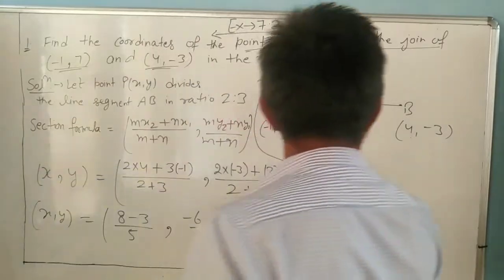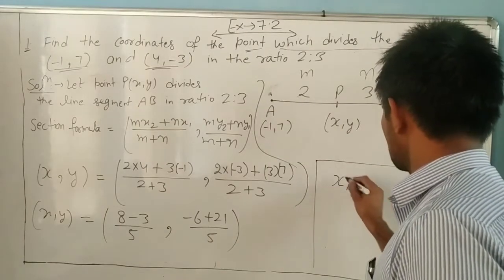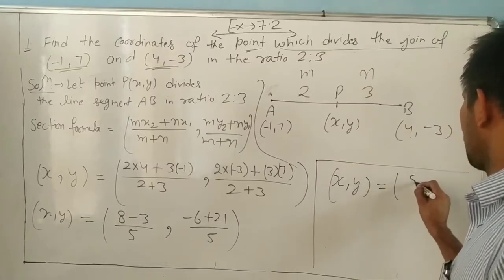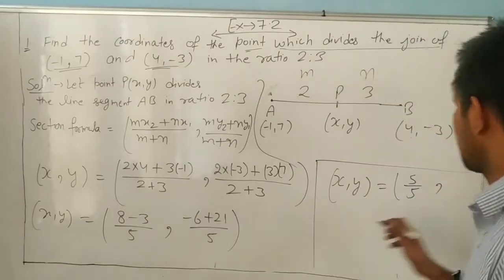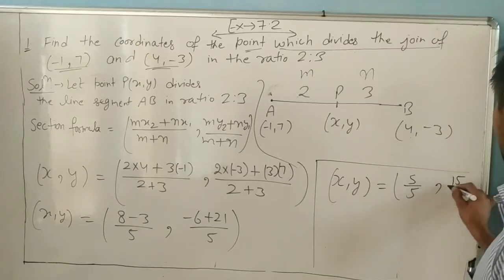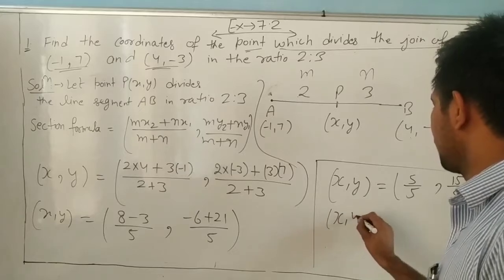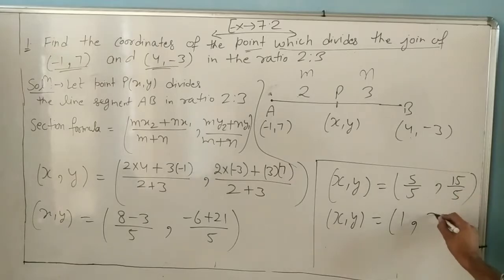So (x, y) equals 8 minus 3, 5 divided by 5, comma, -6 plus 21, 15 divided by 5. So x value is 5 divided by 5, 1, and y is 15 divided by 5, 3.